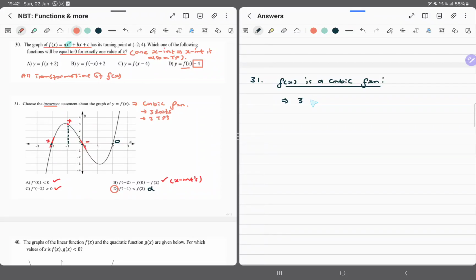Because we've got 3 roots and 2 turning points, and perhaps we can also tell that the coefficient of x cubed is positive, greater than 0. And that's it.